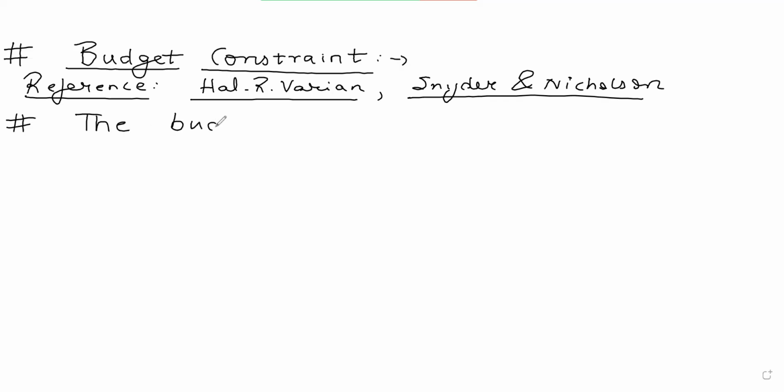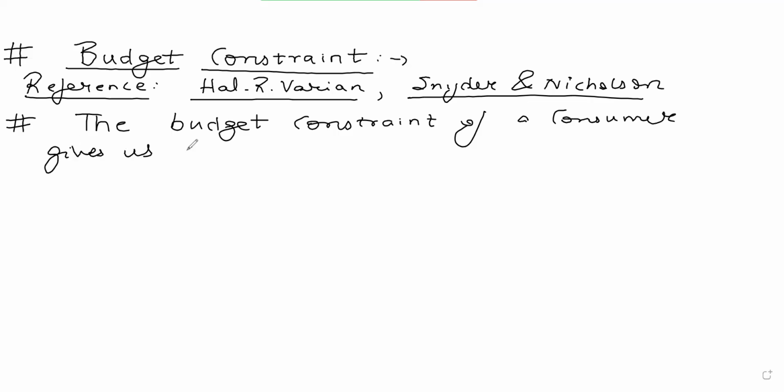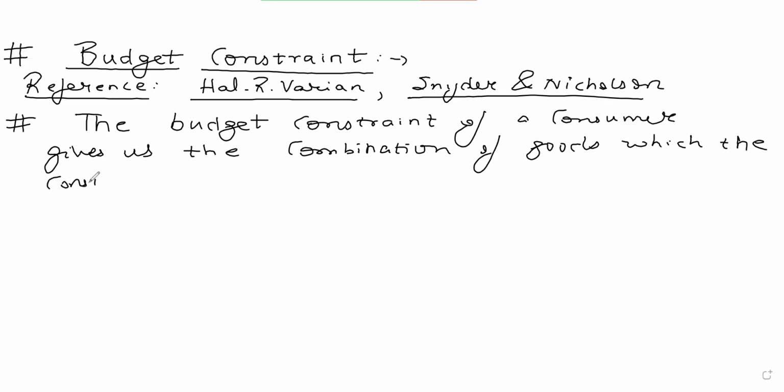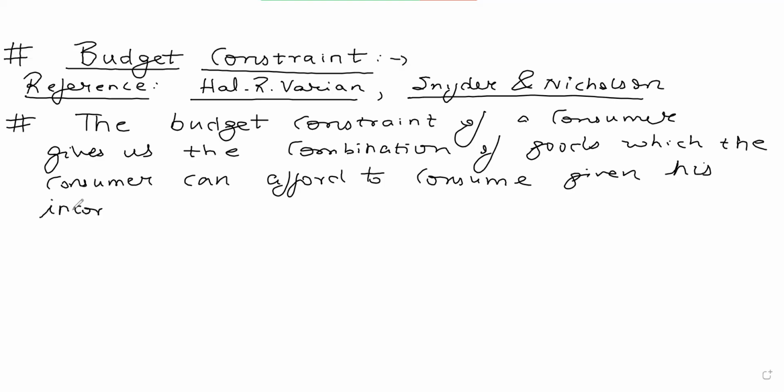The budget constraint of a consumer gives us the combination of goods which the consumer can afford to consume given his income and the prices of the consumption basket.